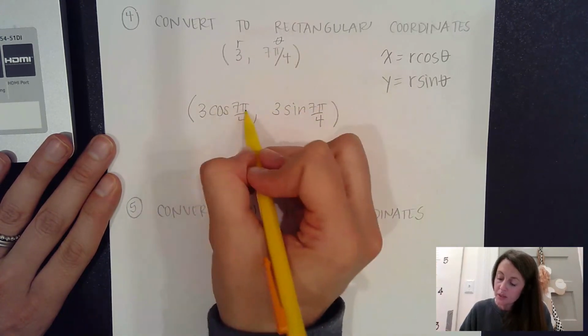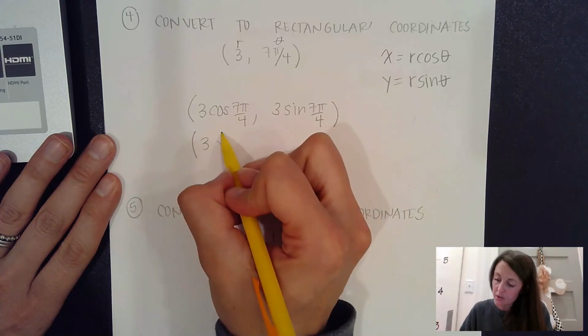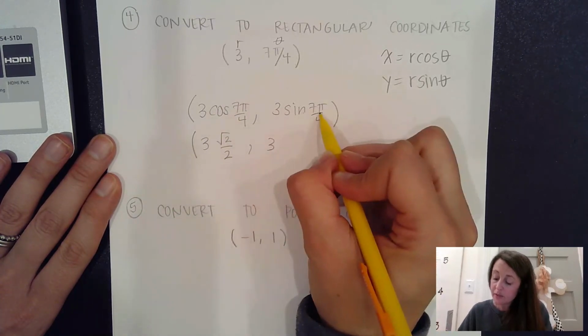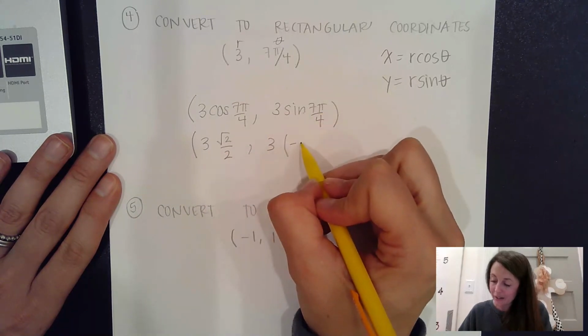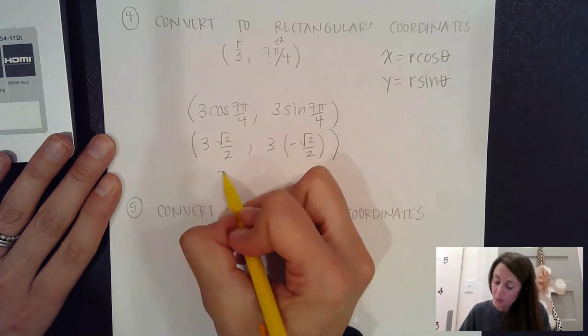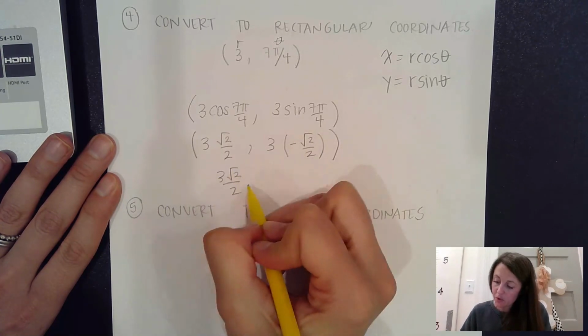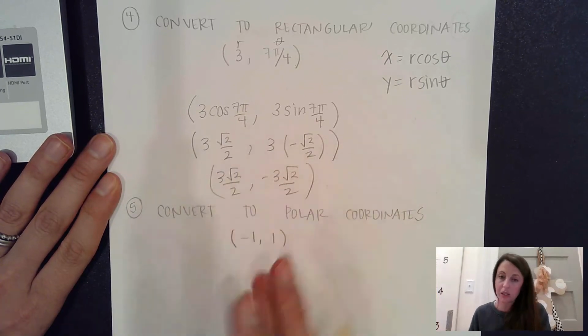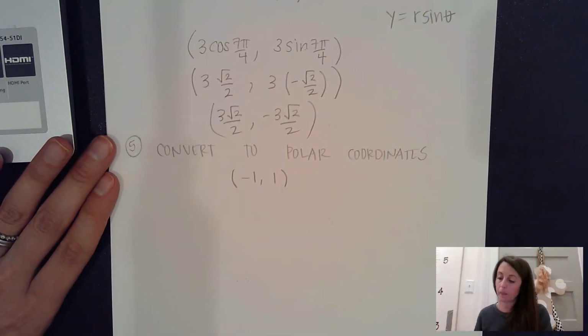So cosine of 7 pi over 4 is just going to be square root of 2 over 2. And sine of 7 pi over 4 is going to be negative square root of 2 over 2. So these points are going to be 3 square roots of 2 over 2 and negative 3 square roots of 2 over 2. And that would be the answer I would be looking for.